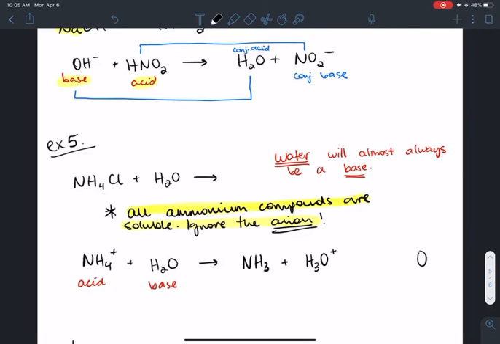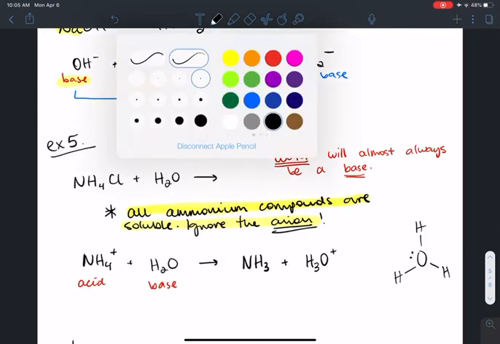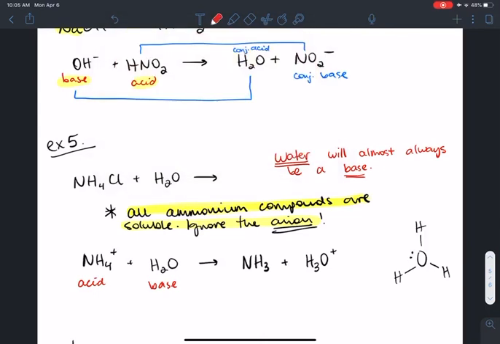Then I challenge you to draw the Lewis structure for this. If you calculate the formal charge about this oxygen, you'll find that it has a +1 formal charge. That's why H3O+ has that charge. This is called the hydronium ion.